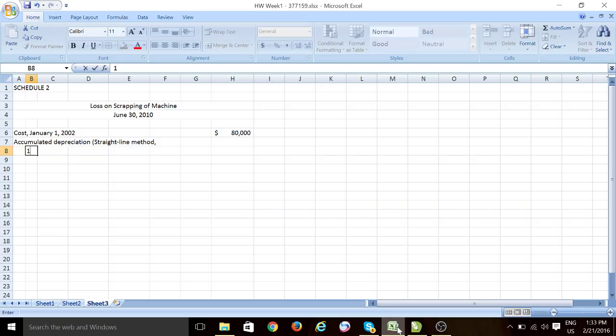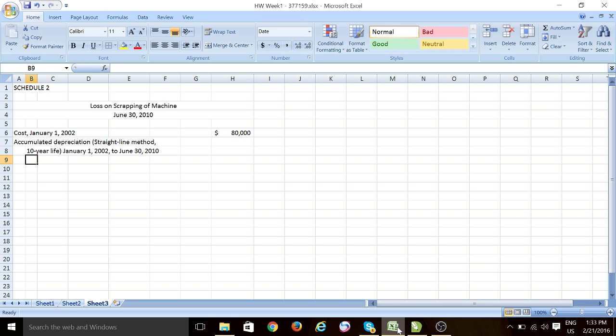But because there is no residual value for this transaction, we can just ignore that. And then the useful life is 10 years, and then it was scrapped on June 30, 2010.